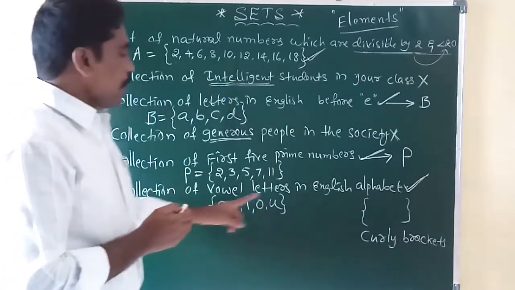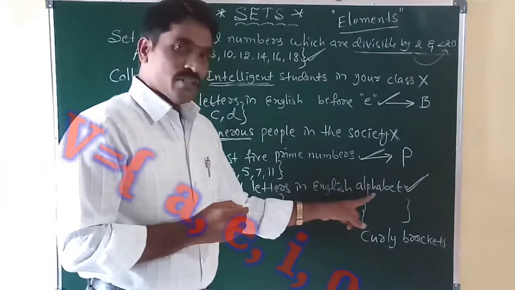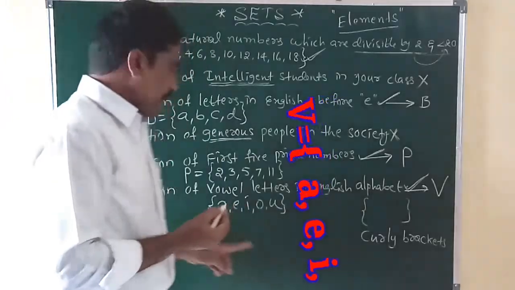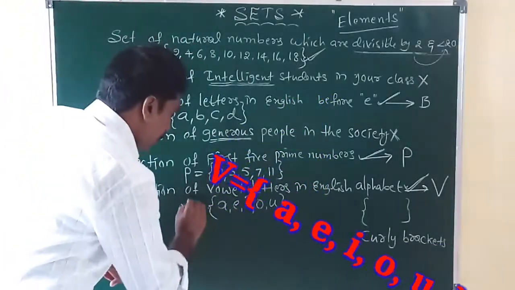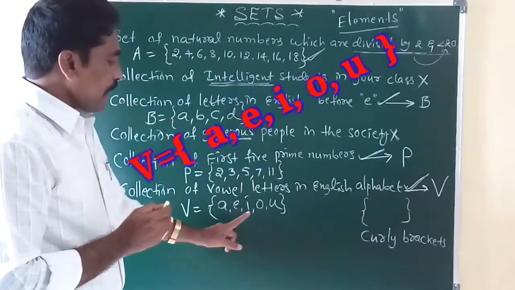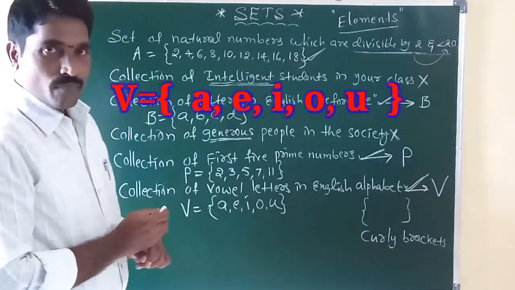The collection of vowel letters in the English alphabet can be denoted by the letter V, so set V is equal to A, E, I, O, U.